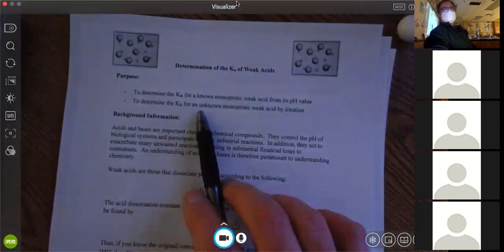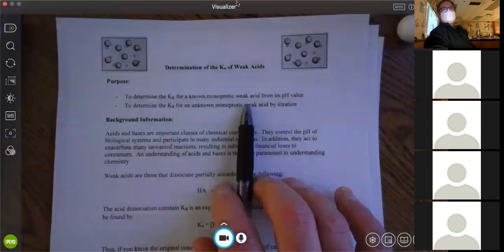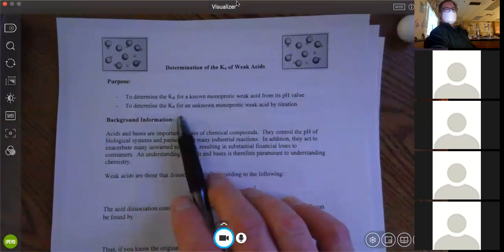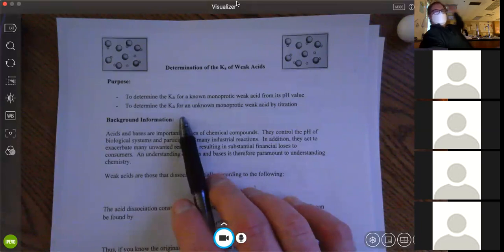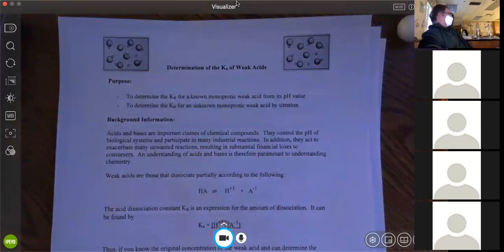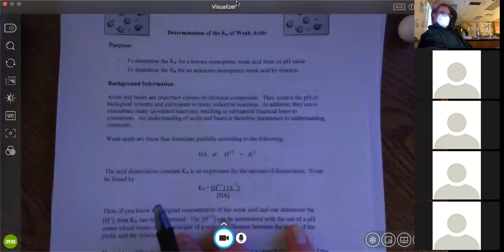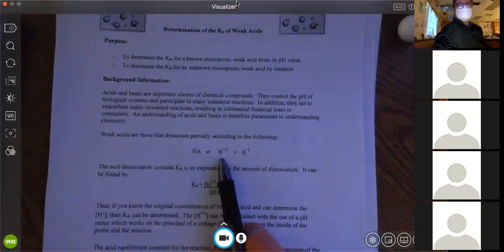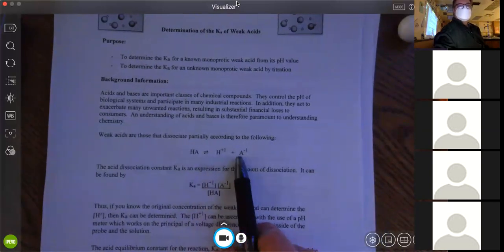So we want you to determine the Ka for a known monoprotic acid from its pH value. And then in the laboratory, we want you to determine it for an unknown monoprotic weak acid. So we've got 3 different powdered acids back there. We know that weak acids ionize, they don't ionize completely.